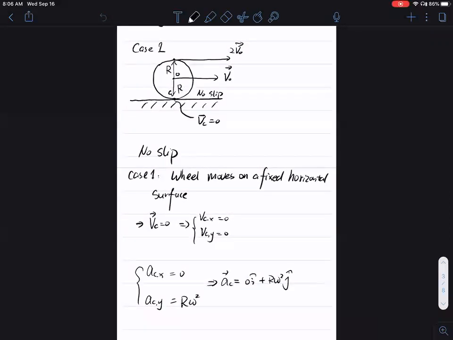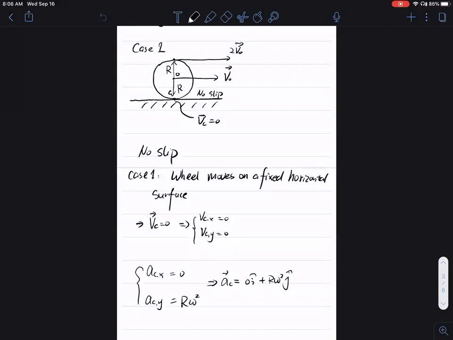So whenever you see a problem with a no slip condition, if that is case one, you should write out all that information. Well, it's not given, but it's hidden behind that no slip condition. And that's our case one. And we did an example on case one, that was example 2A6.